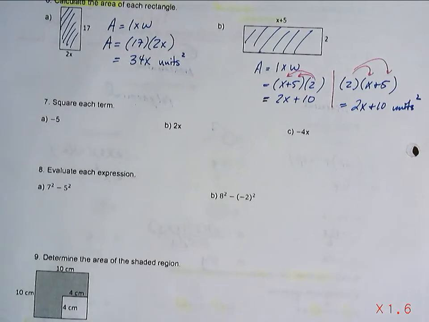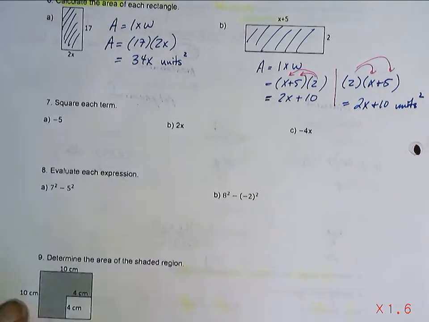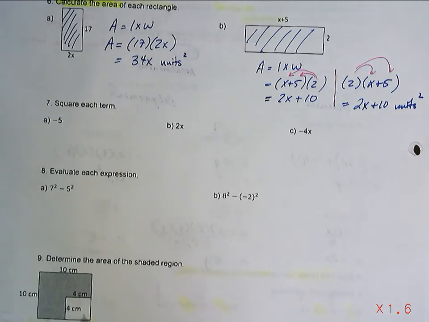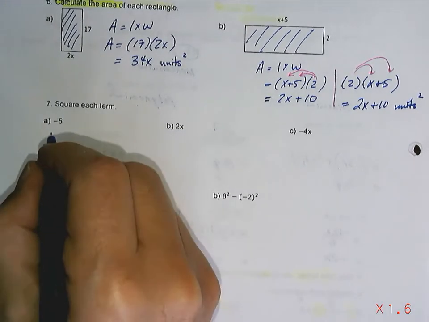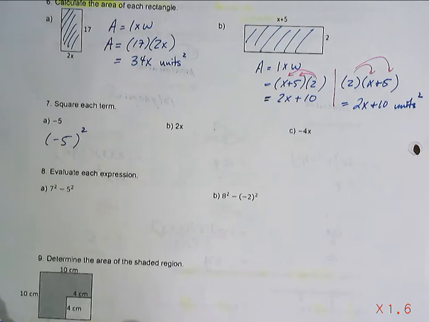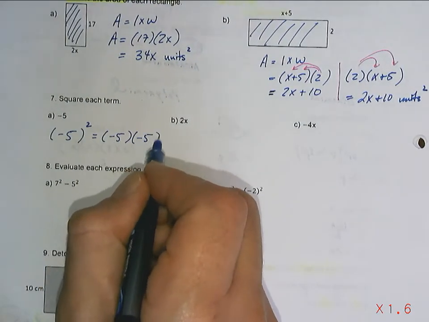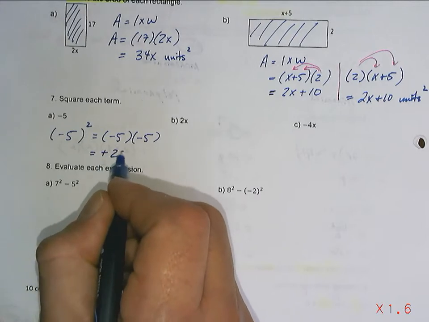Number 7, square each term. What does it mean to square something? It means to multiply it by itself. So there's 2 of them. If I take -5 and square it, what I'm doing is -5 times -5, and we're going to get an answer of positive 25.